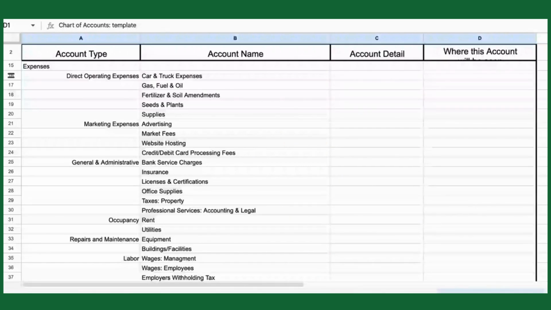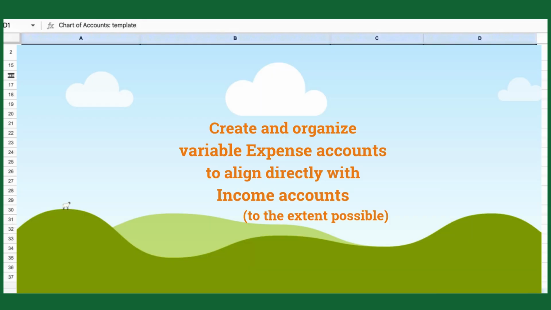Now, an important strategy to consider here in the expense section is try and align your variable expense accounts with your income accounts. It's never going to be a perfect one-to-one match, but just think about what components of your farm you want to keep the closest eye on. Is it the profitability of certain enterprises like vegetables versus laying hens?